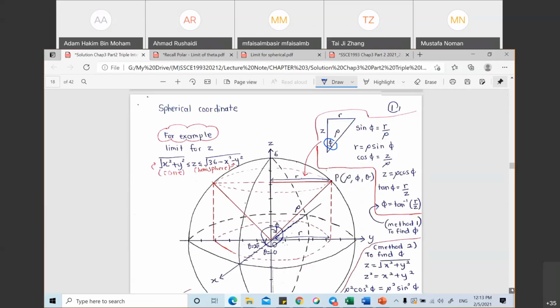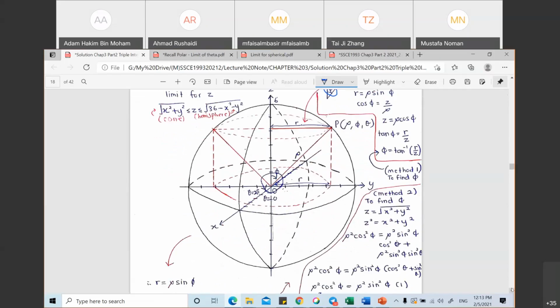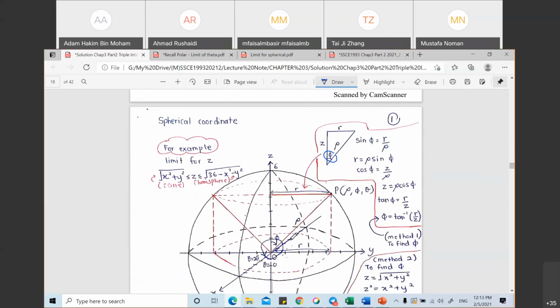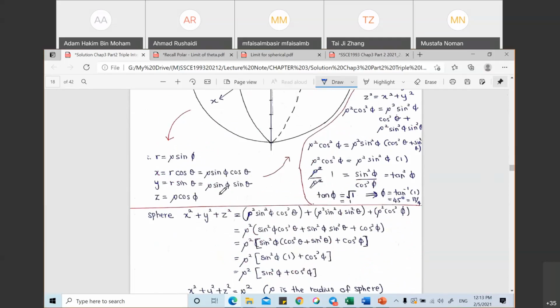So you have the angle of phi, and then you have theta also, like usual. That is x equals r cos theta, but your r is rho sine phi. Your rho is the radius to the sphere. Your r is the focus for theta, but we already substitute with phi.